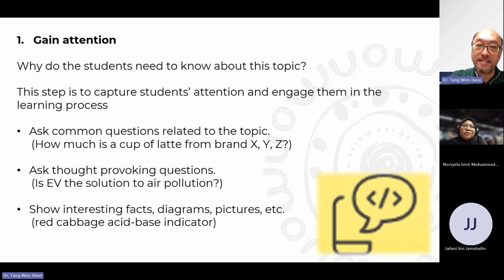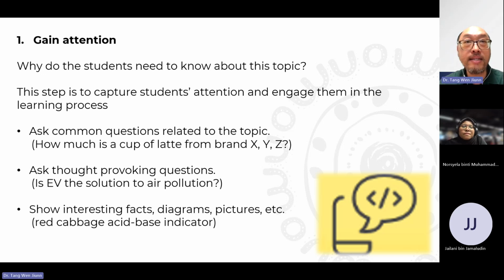I say, this is the red cabbage solution, let's see how the color changes in lemon juice, or in baking soda. Then from there, you move on to the next step. So the first step here is to gain attention, to build excitement or interest in what you want to deliver.